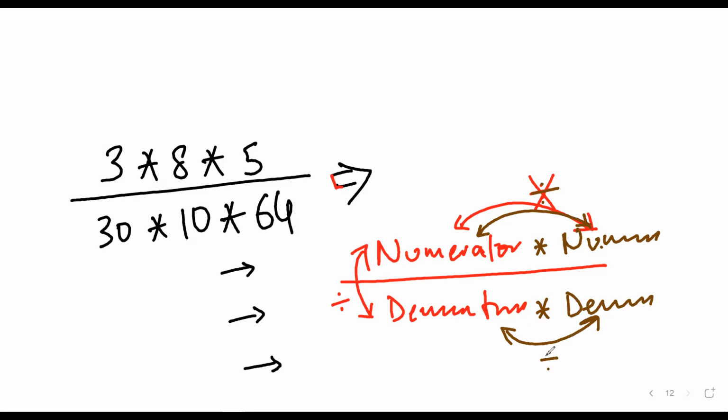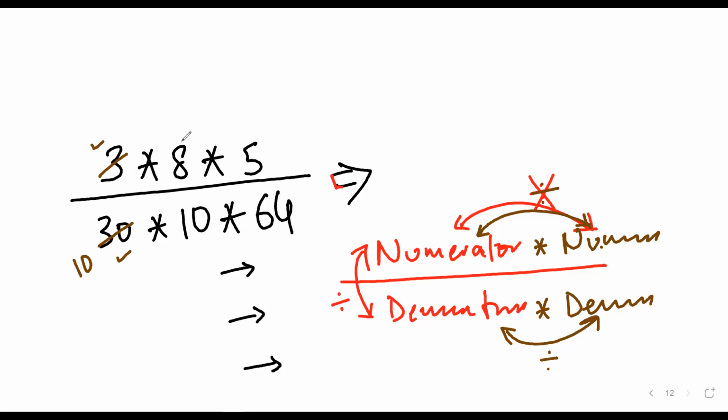Somaji, is there any doubt? No, sir. What this means is that this 3 and this 30 can be divided with each other. So the common factor is 10. Aishwarya, is there any doubt? No, sorry, no doubt.